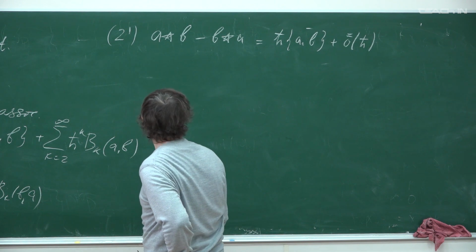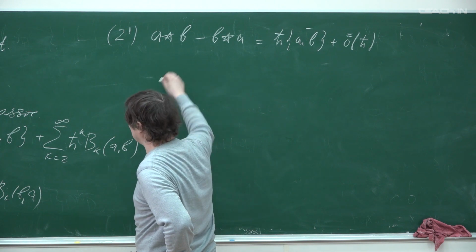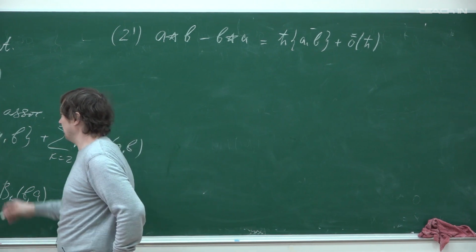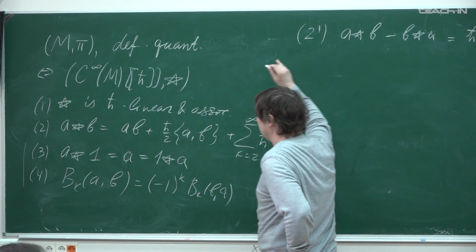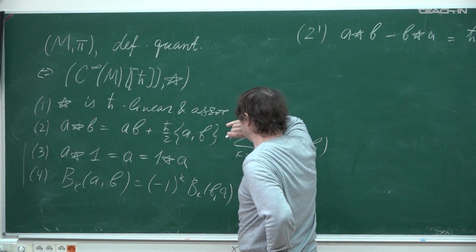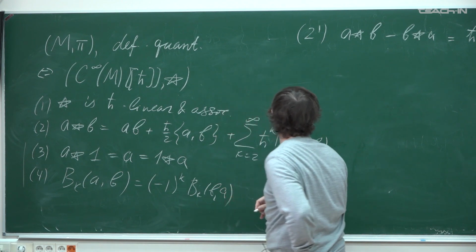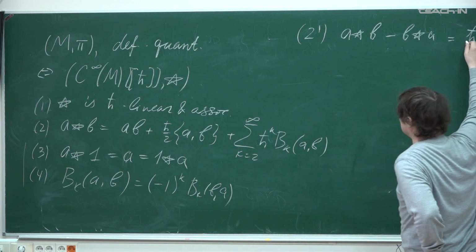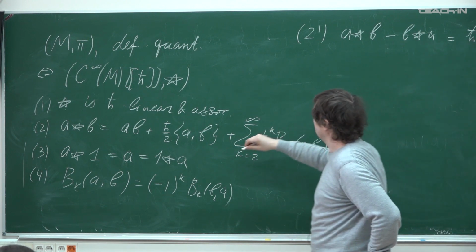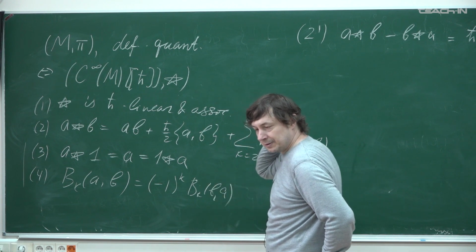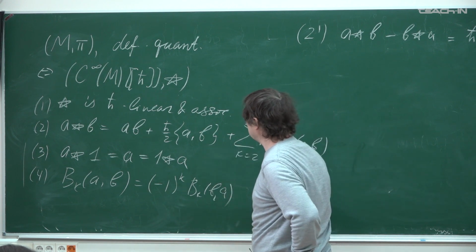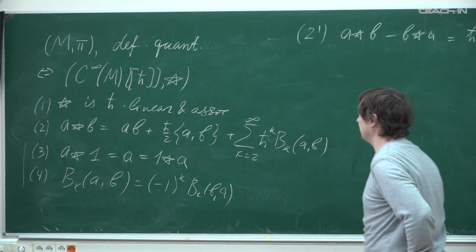One can show that these two conditions are equivalent. Of course, if you have the formula, then you have this equation, but vice versa is not so evident. In fact, you can show that if you have this equation, then you can modify the product to pass to an equivalent product in the sense which I explained, so that the second term will look precisely like this. I'll talk about this a little later.